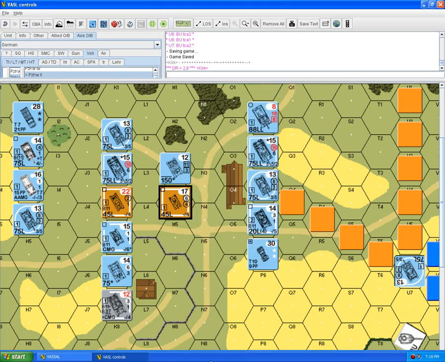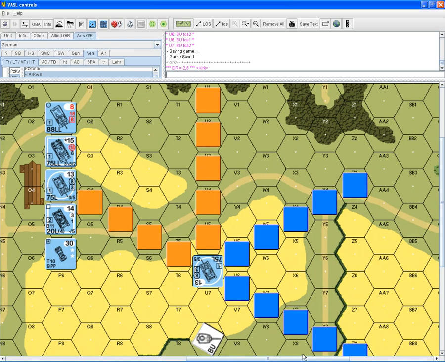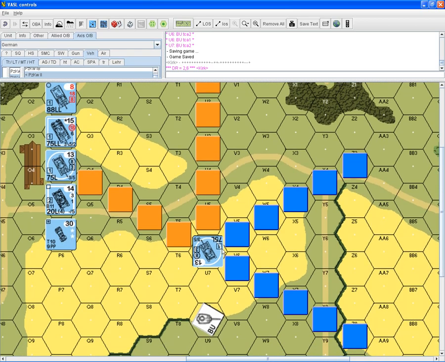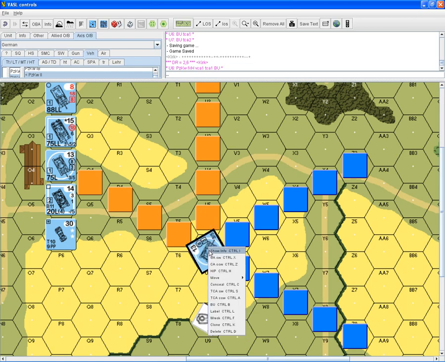When we're talking about covering arcs, I have some representation here of a vehicle. In this case, it's a German tank. All vehicles will point to a hex side. As you can see here, this vehicle, we're going to go ahead and rotate it.